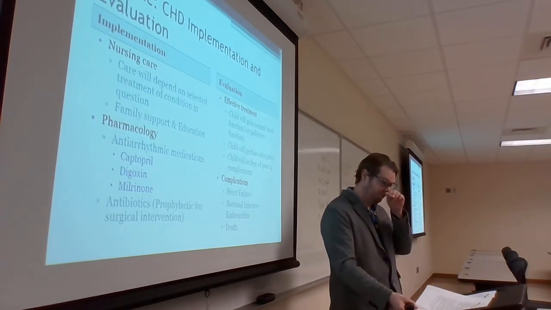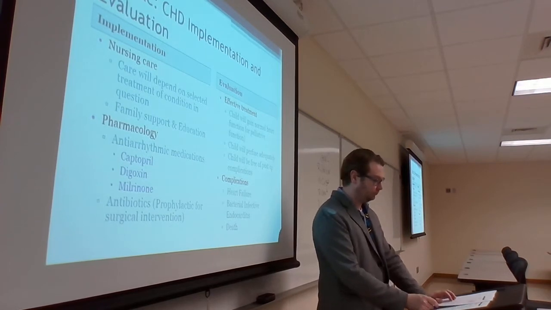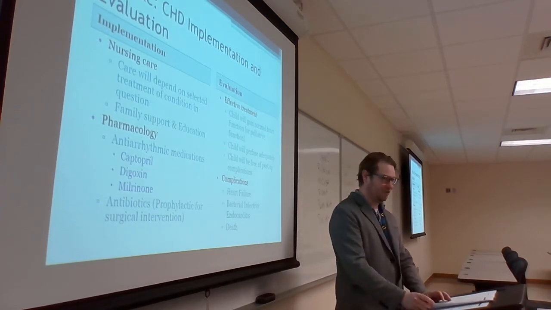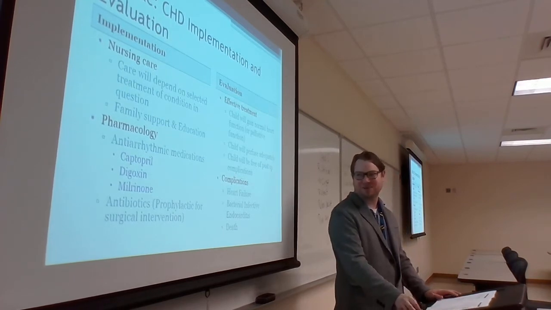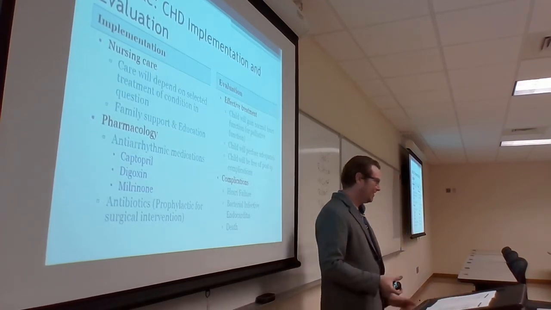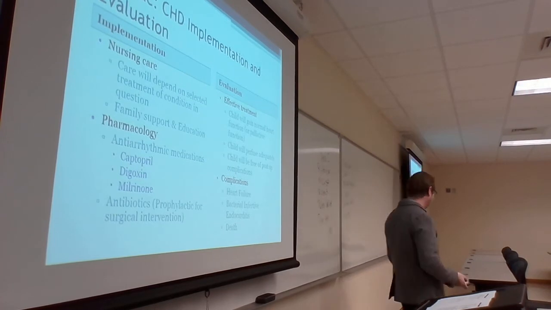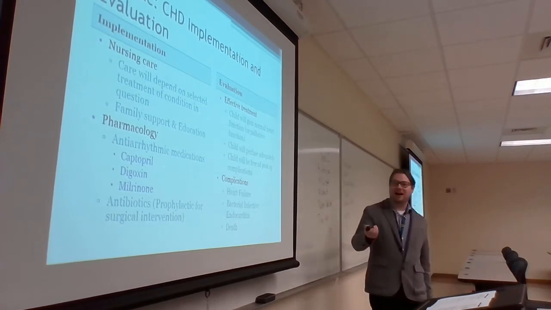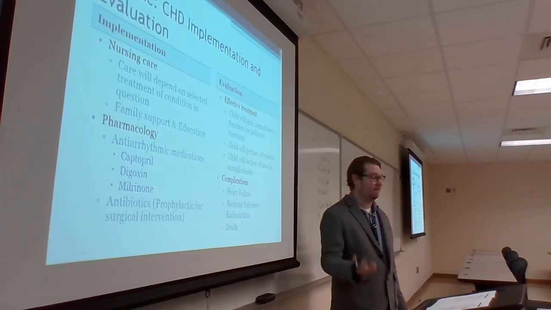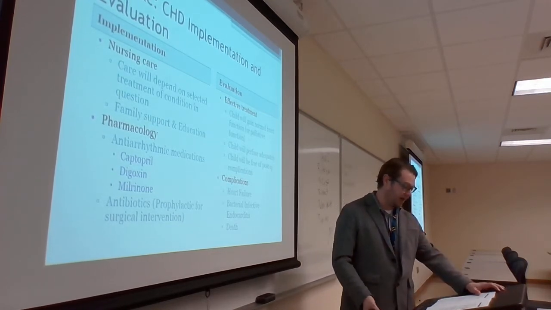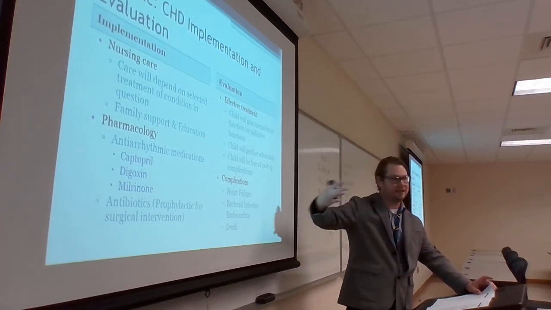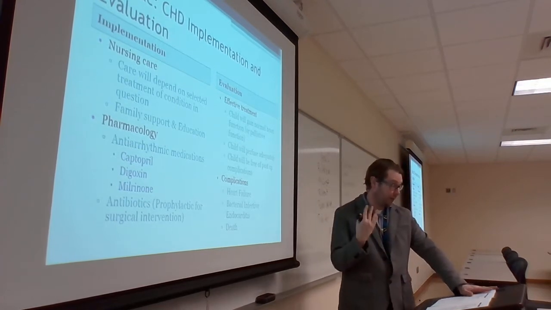Digoxin, which is an antiarrhythmic, sure. Yeah, we can go with that. And milrinone is up there too. We'll go into some of these in more detail. But these are the types of medications that you'll be looking at, right? Antibiotics, prophylactic for surgical intervention. A lot of these kids need some sort of surgical intervention. So antibiotics is just up there as a generic, think-about-it type thing.